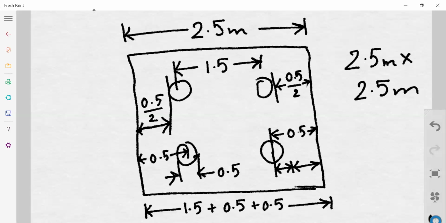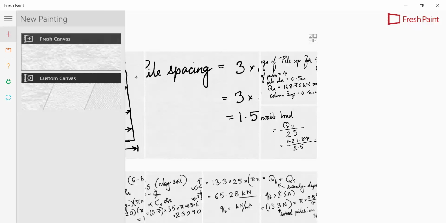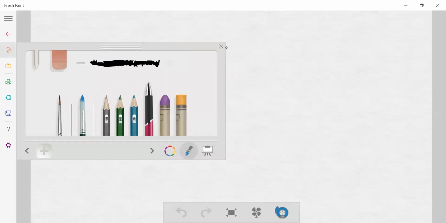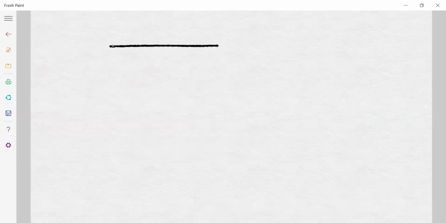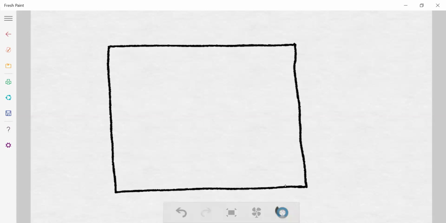So the pile cap dimension we can take as 2.5 meter by 2.5 meter. Now, if I have to find out the bending moment, let me make another diagram for it. We always take the bending moment at the column face.